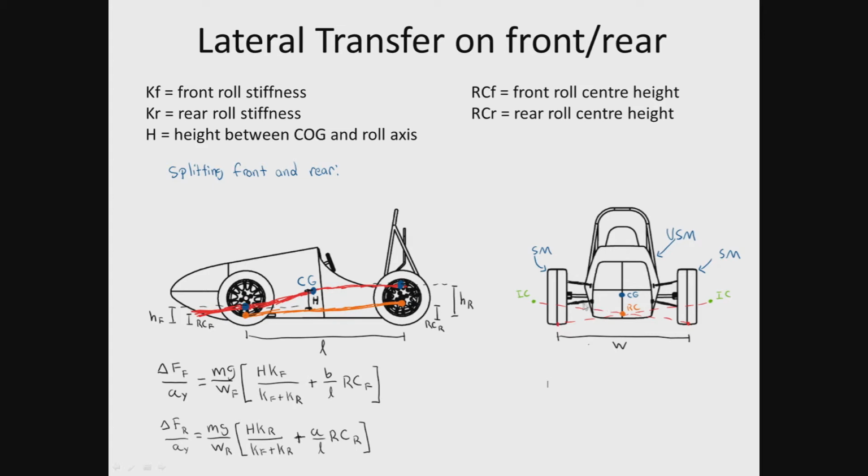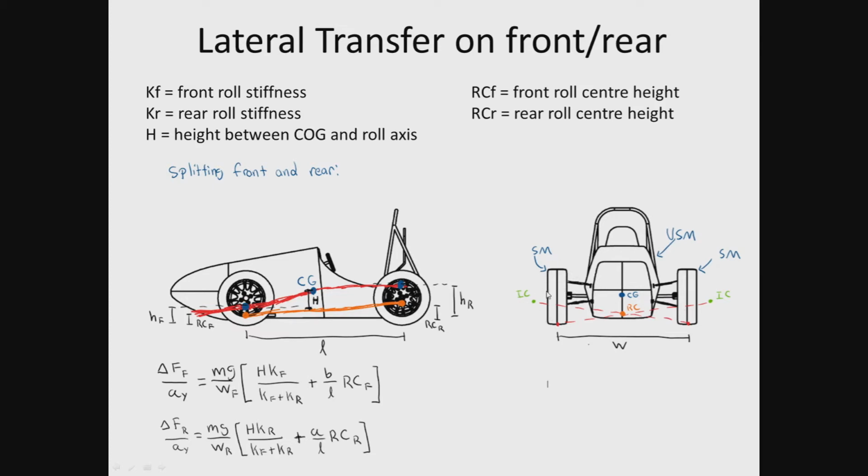The instantaneous center is defined by your suspension geometry, and this is where your control arms converge. If we were to draw a straight line along our control arms, they should converge at our instantaneous center here, and this is essentially a point of zero velocity on the car, where, when the vehicle is rotating, it's rotating around that point. Or more specifically, this mass system here, this sprung mass, is rotating around this instantaneous center.